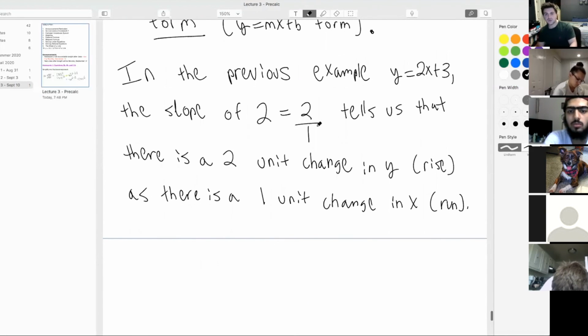So where am I getting 2 and 1 from? 2 is just the numerator, and 1 is the denominator.